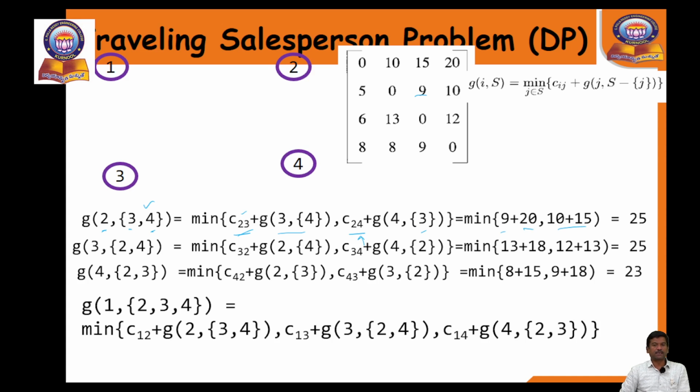There are 3 parts you can consider: from 1 we can reach 2, that is C12, from 1 we can reach 3, that is C13, and from 1 we can also reach 4, that is C14, and the remaining parts, that is g of 2 comma 3, 4 and similarly g depending on the value of j, excluding that j from the solution. Similarly, you get the values 35, 40, and 43. Between these, the minimum is equal to 35, and that is how you have obtained the minimum cost tour. So the minimum cost tour is equal to 35.